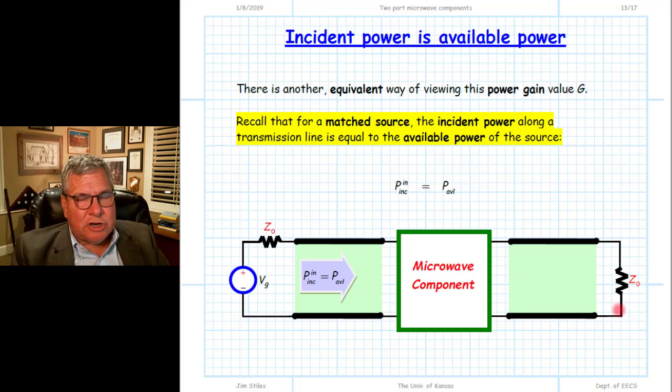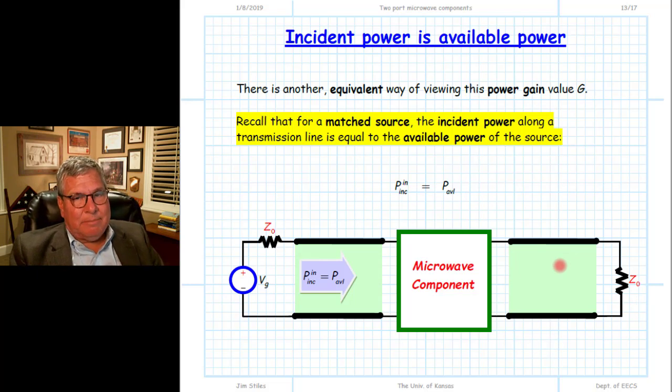Now, we've really not changed the circuit at all. Remember, the input impedance for a transmission line terminated at a matched load is always going to be equal to the same impedance Z0. And so this is maybe more physical. Maybe this is really what our matched load is. It's the equivalent circuit for a length of transmission line terminated in Z0.